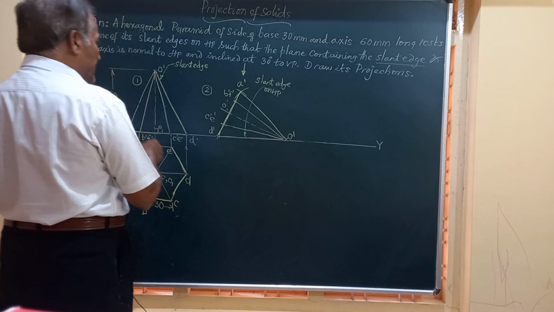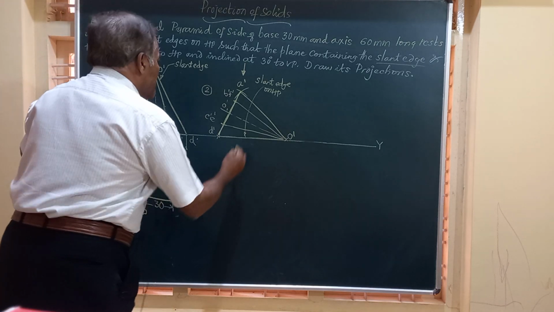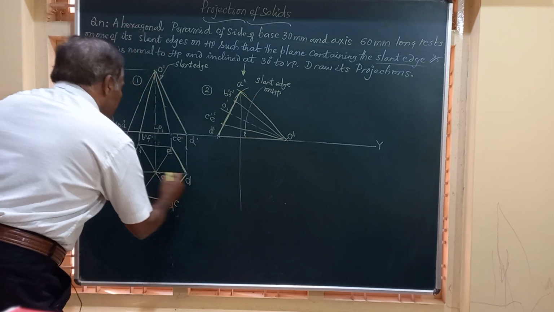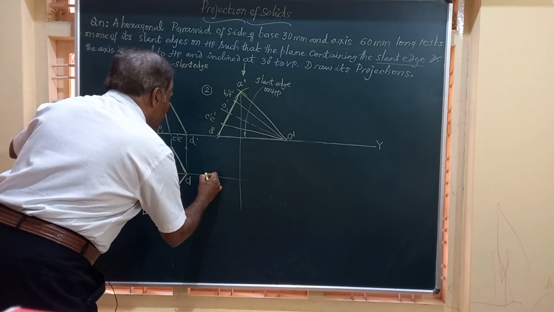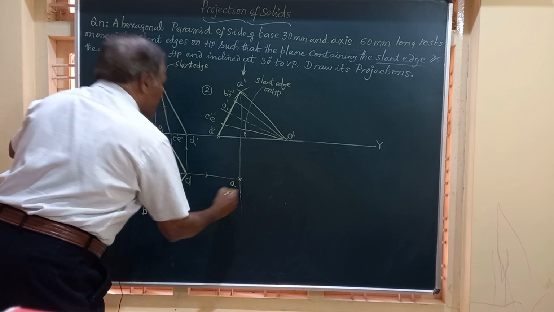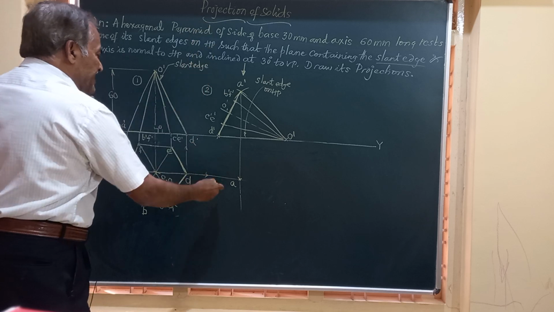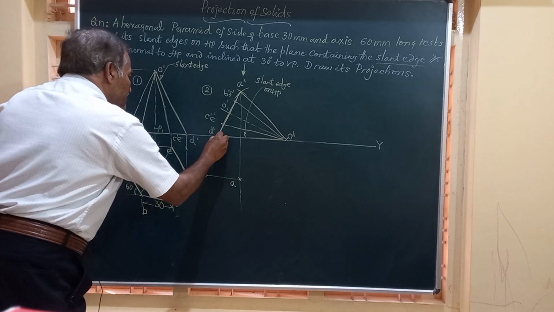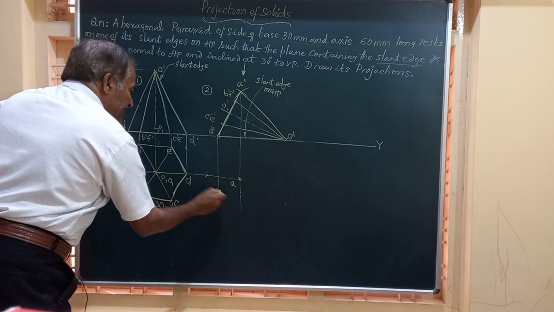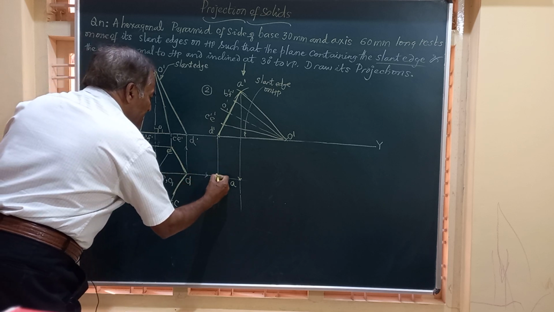Let's start with point A. So I draw a vertical line from here, a horizontal line from here. The point where those two intersect is this point A. Next, similarly D, extreme point D. Vertical line from D, horizontal line from D dash. They meet here.